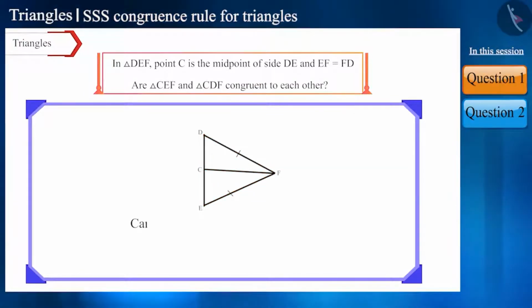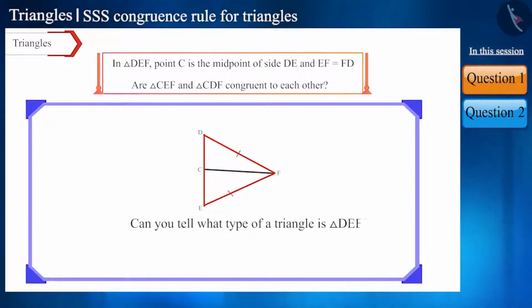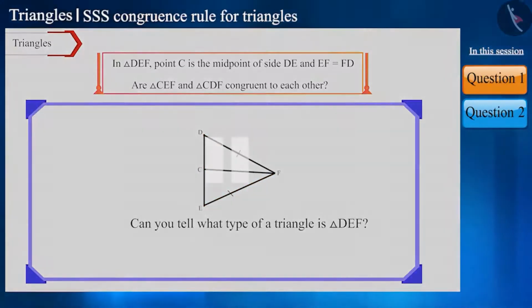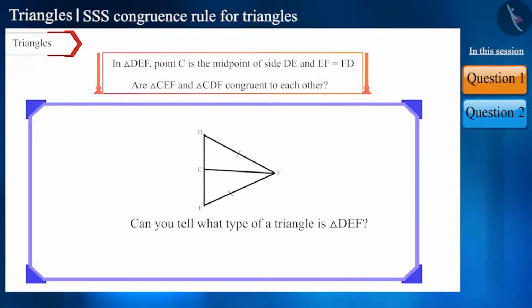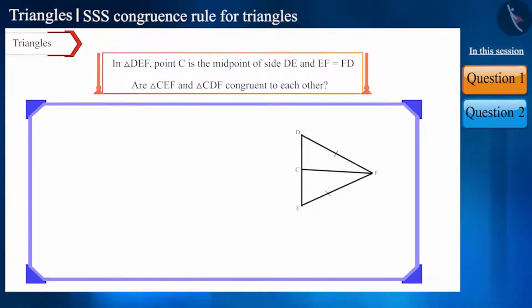Friends, can you tell what type of triangle this is by looking at the figure? You may pause the video to think about the answer. Yes, friends, two sides of this triangle are equal. Therefore, this is an isosceles triangle. Observe the diagram carefully.